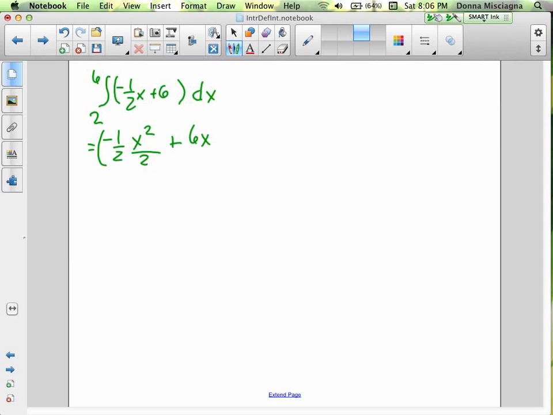So the antiderivative of 6 is 6x, because who has a derivative of 6? 6x does, that's who. And we're evaluating that from 2 to 6.